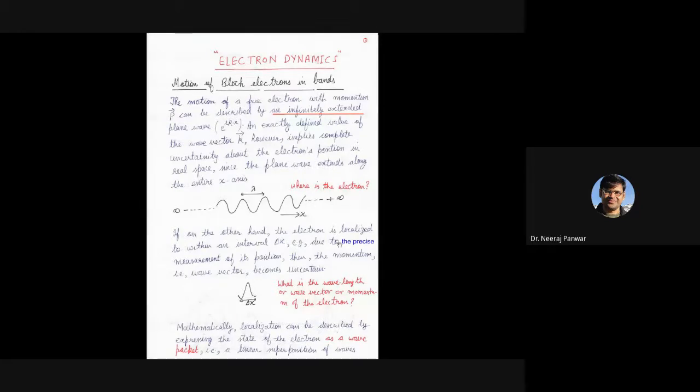It will move on a circular path around the Fermi surface. So it is very important to understand the electron dynamics, the electron motion inside a band under the influence of an electromagnetic field.